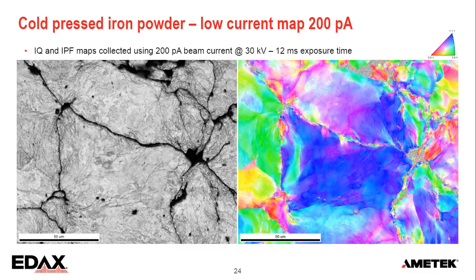But if you minimize the beam current, in this case I used 200 picoamp at 30 kV, you get very sharp maps. So the interaction volume for EBSD in this case seems more limited or determined by the beam diameter than by the accelerating voltage.